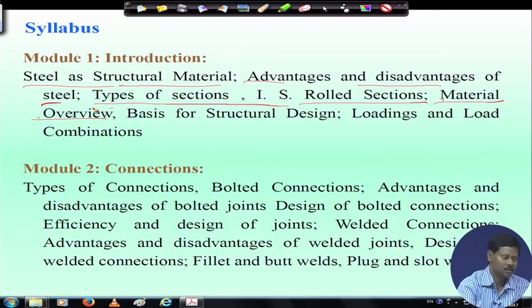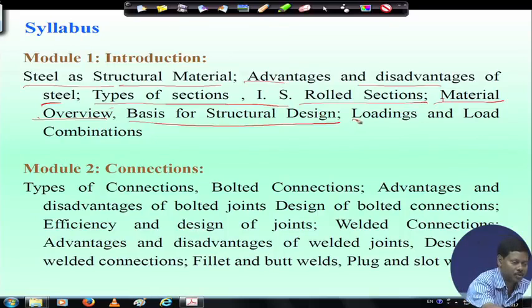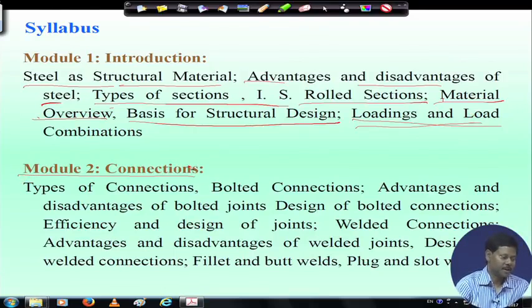Then the basis for structural design will be discussed, means what type of structural design we are going for in this course, that is the limit state method, and the basis of design of that structural philosophy. And of course, loading and load combinations: different types of loads come into picture, those will be discussed briefly, and their combinations. Then we will come to module 2, which comprises connections.